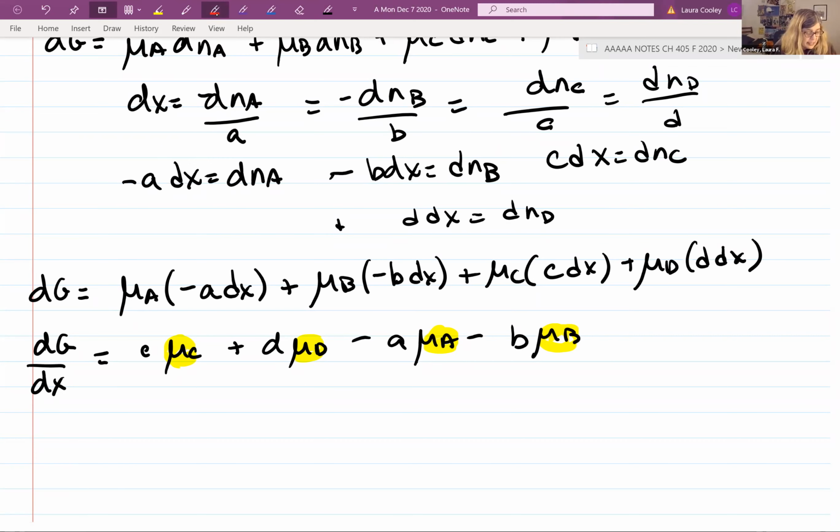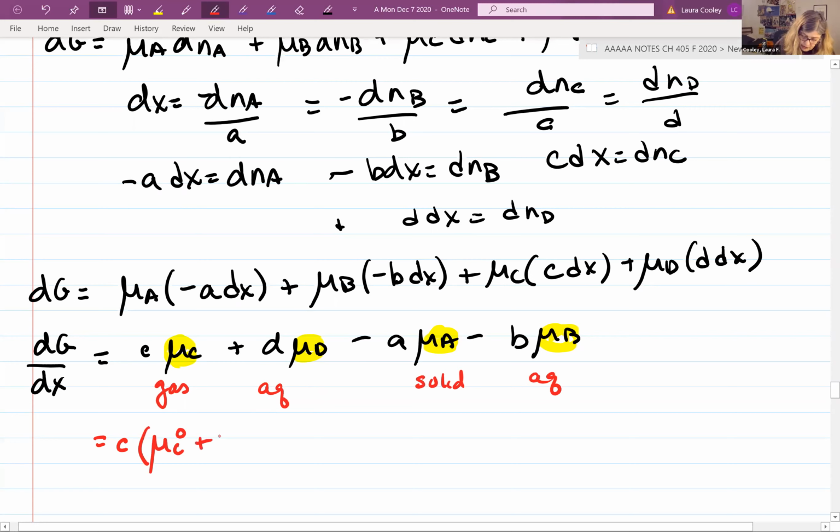So C is a gas, D is aqueous, A is a solid, and B is aqueous. So we have to use the appropriate formula. For a gas, it's mu C0 plus RT times the log of the partial pressure.